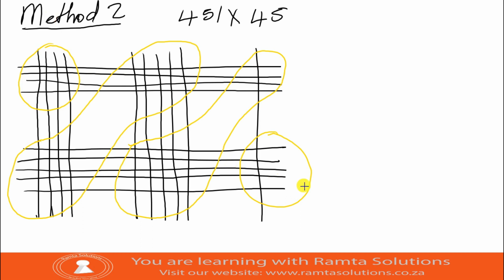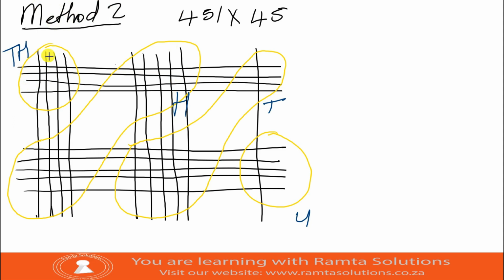These intersections at the bottom right represent units, while these represent tens, these represent hundreds, and these represent thousands. So you need to count the number of intersections.